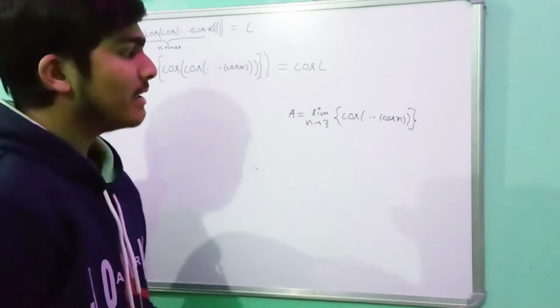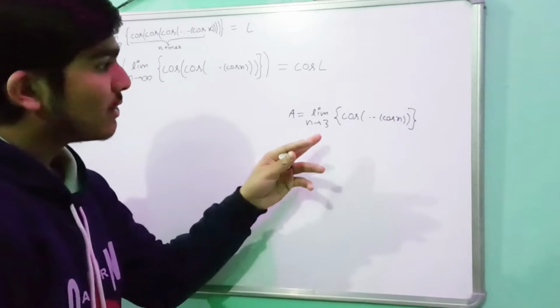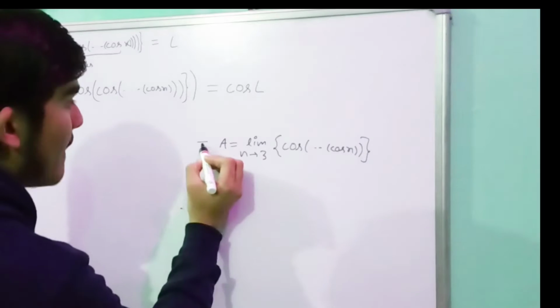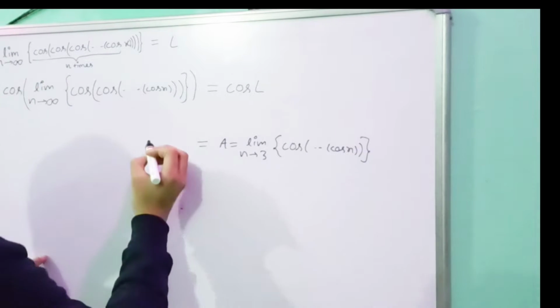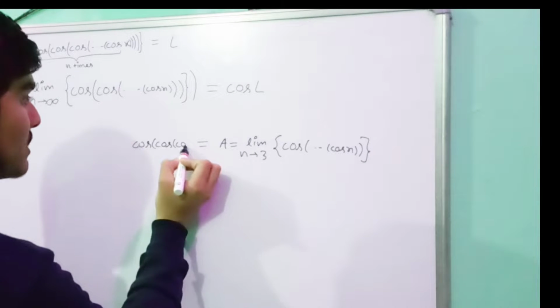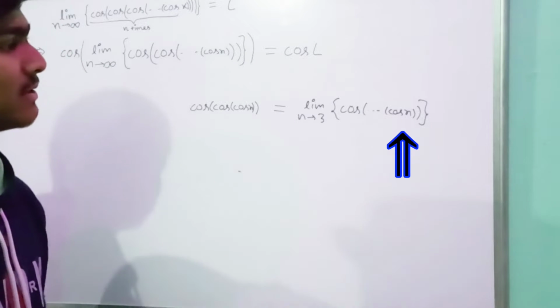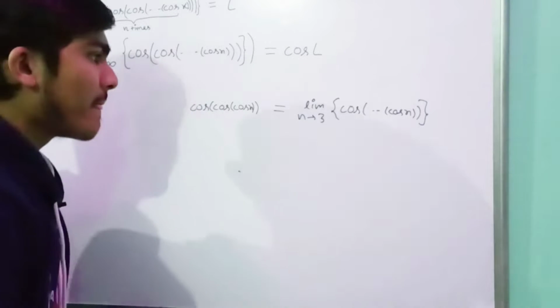So now we have assumed a different limit A in which n goes to 3. I can rewrite A as cos three times of x. Okay, this is a symbolic representation of this expression.